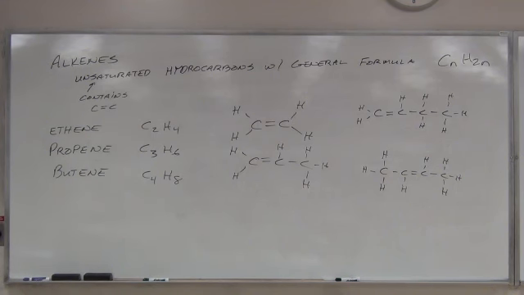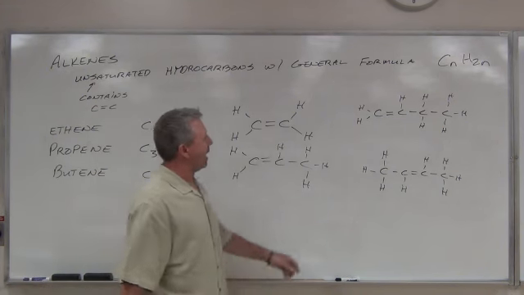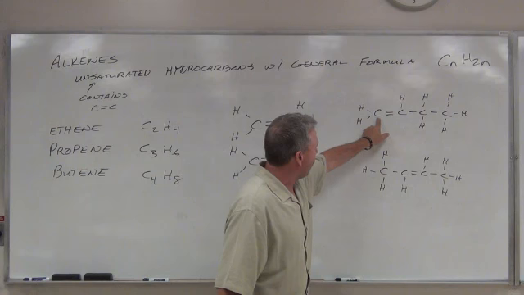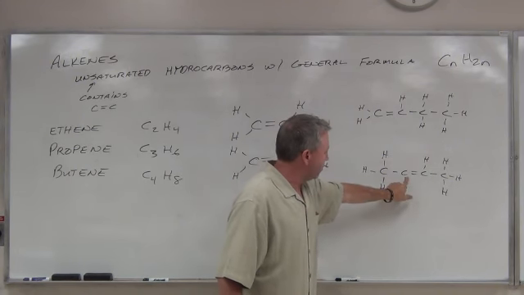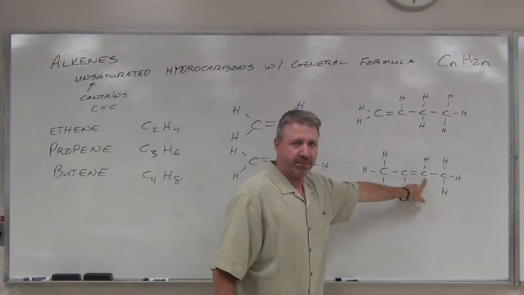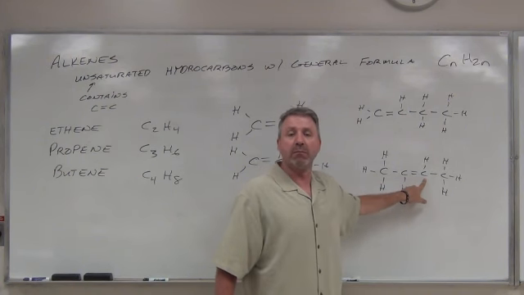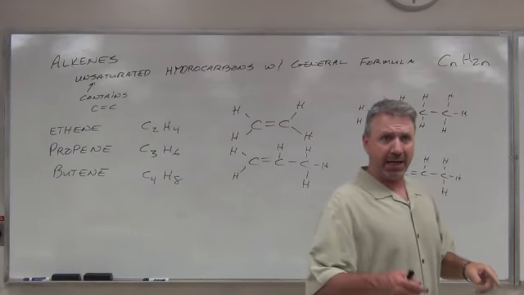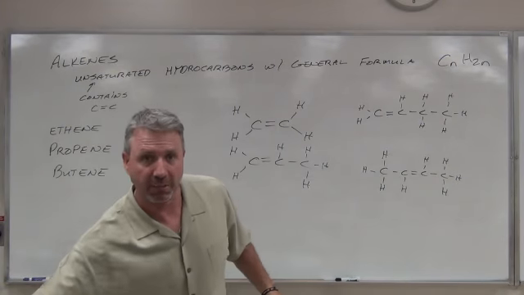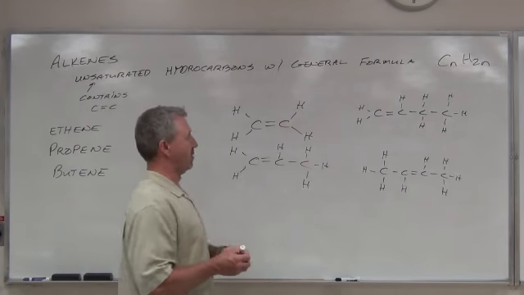Notice when I get to butene, I can put the double bond in two places. I can put it between carbon number 1 and carbon number 2, or carbon number 2 and carbon number 3. I do number my carbon chain with preference given to the double bond. And it's always the first carbon of the double bond that's used to locate it.